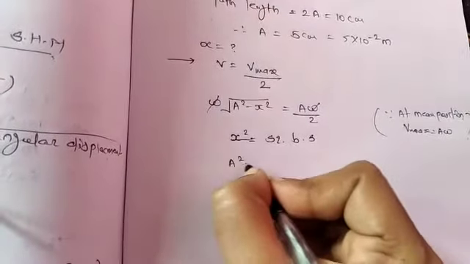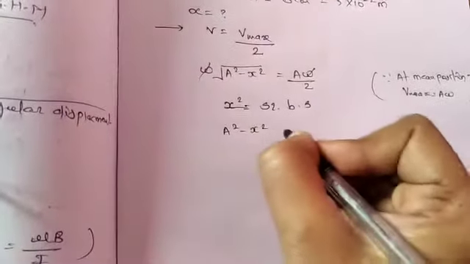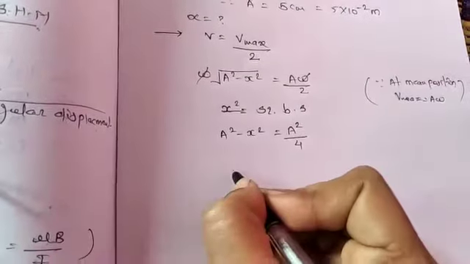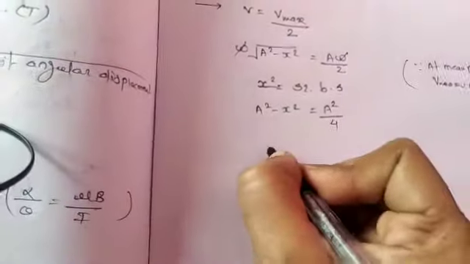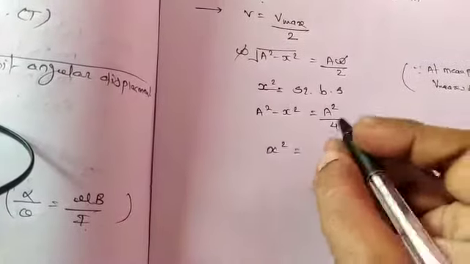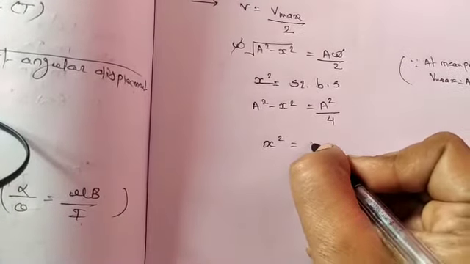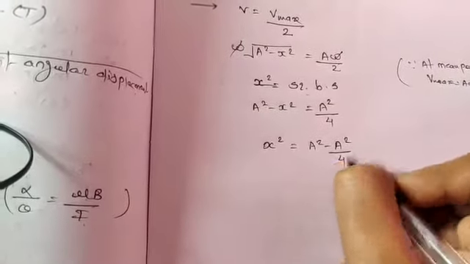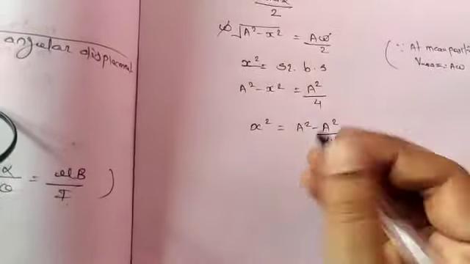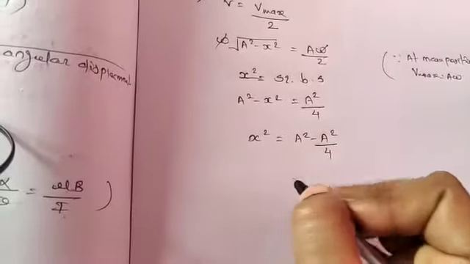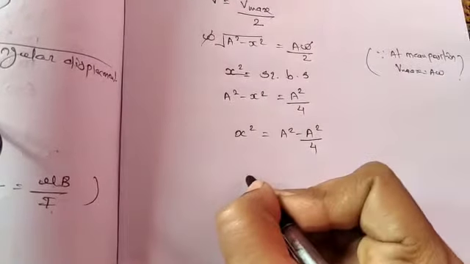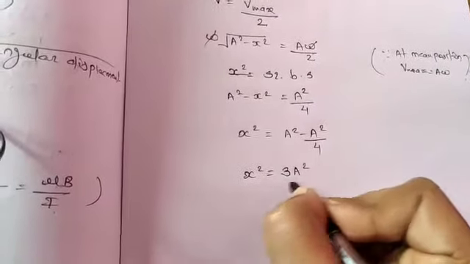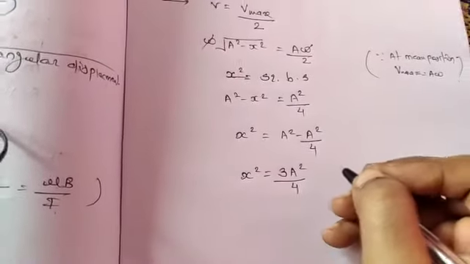This will be A square minus X square is equal to A square by 4. We can solve further as X square is equal to A square minus A square by 4. So further we have X square is equal to 3A square upon 4.